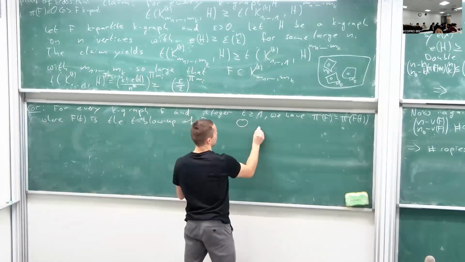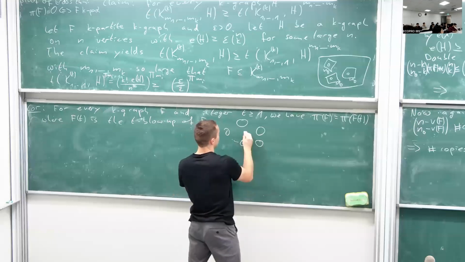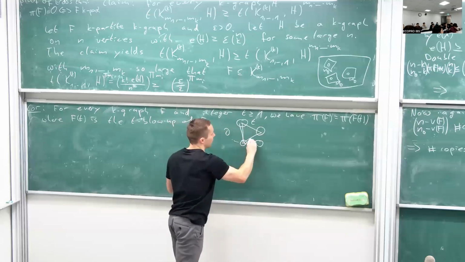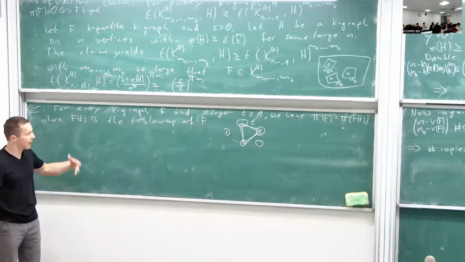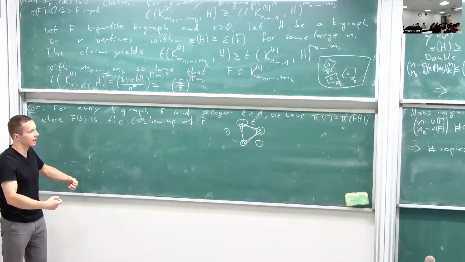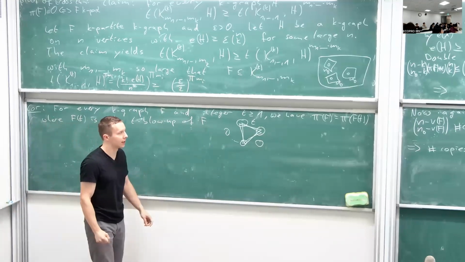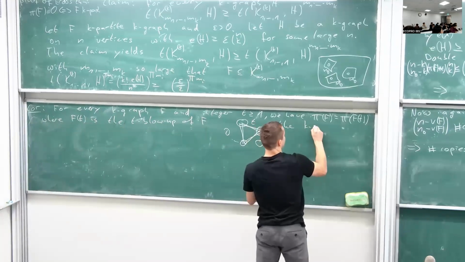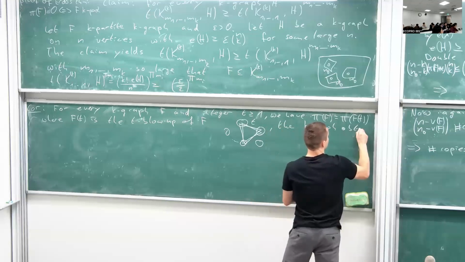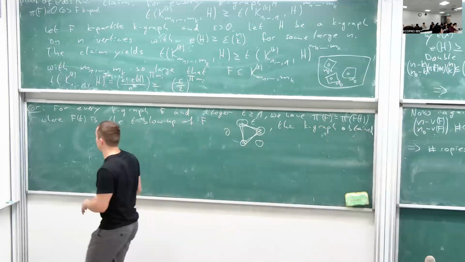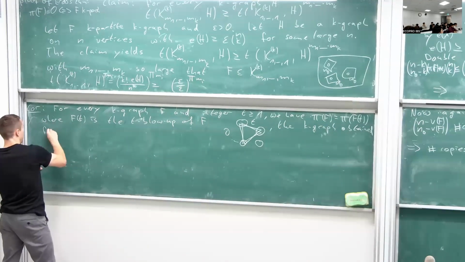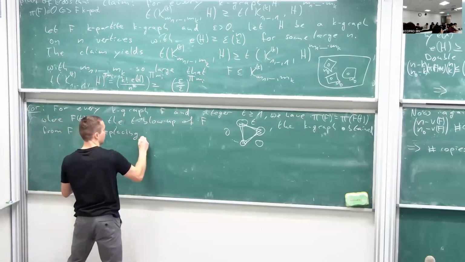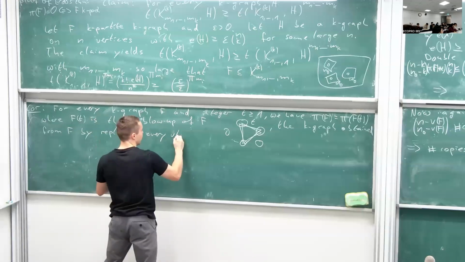So each of these is of size T, and we replace an edge by any k vertices across k partition classes, which correspond to the original vertices in F.